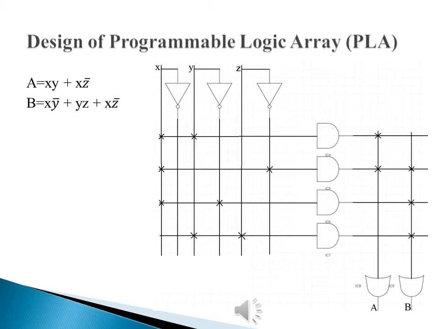The number of product terms present in the given Boolean functions A and B are 2 and 3 respectively. One product term, xz bar, is common in each function. So we require 4 programmable AND gates and 2 programmable OR gates for producing these two functions. The corresponding PLA is shown in the figure.